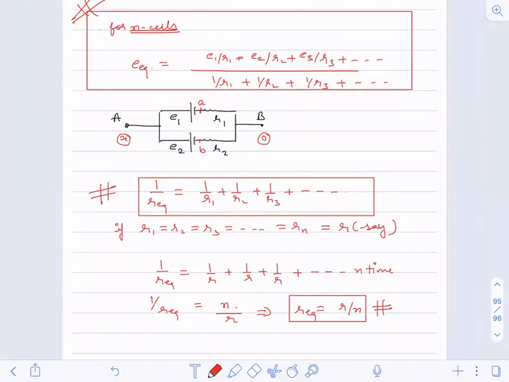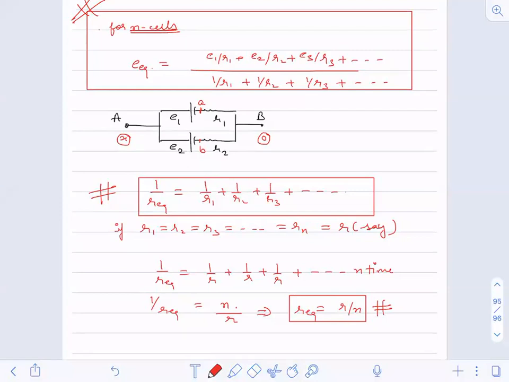Now we are going to see the third kind of combination here. In resistors we had only two types of combination, series and parallel. Here we are having one extra, that is called a mixed combination.